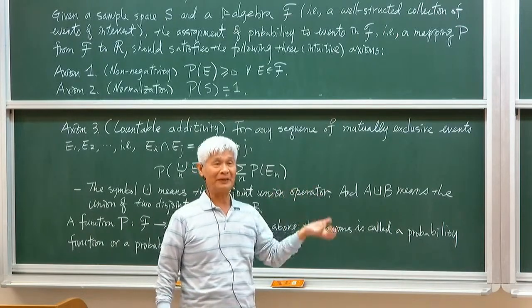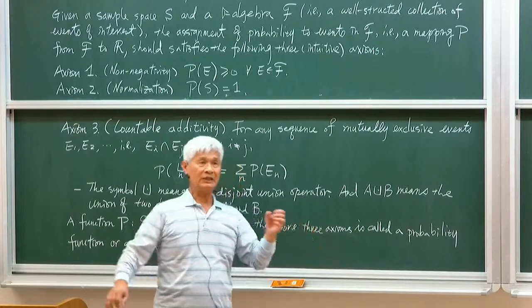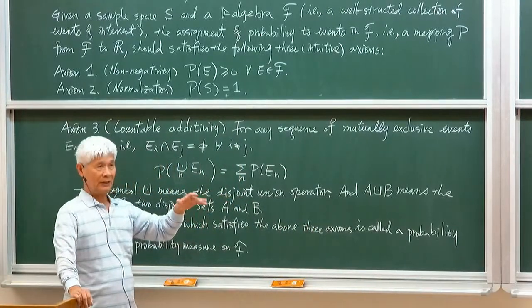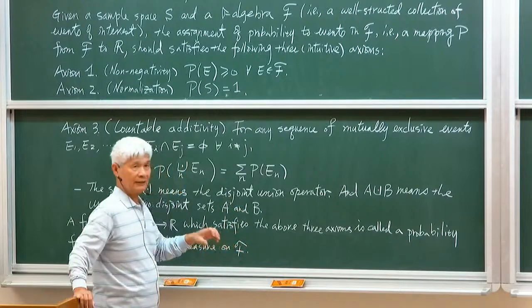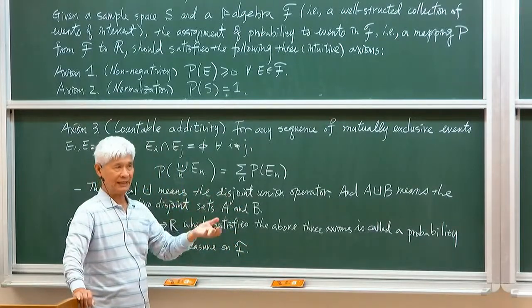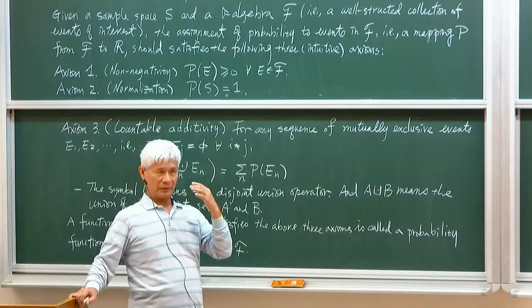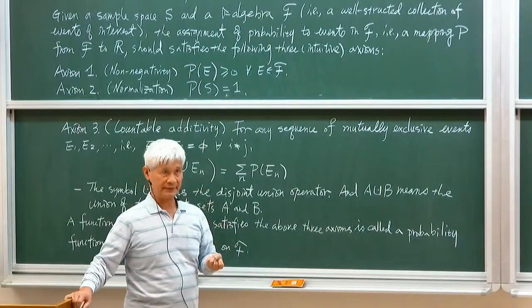This is the common situation. And in that kind of coin, when you want to assign probabilities to events, you should abide by the fairness of the coins.